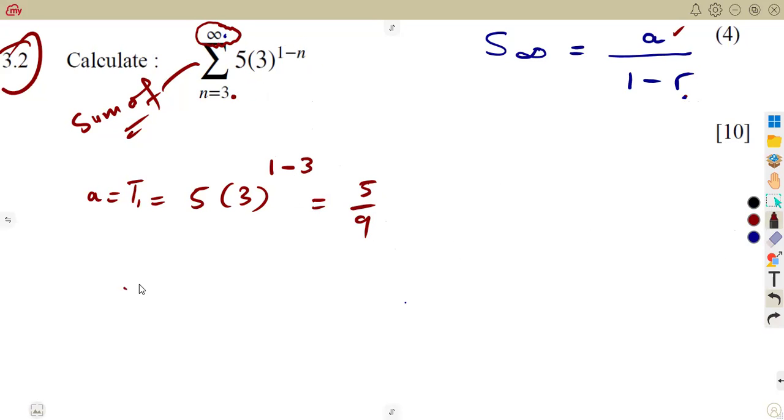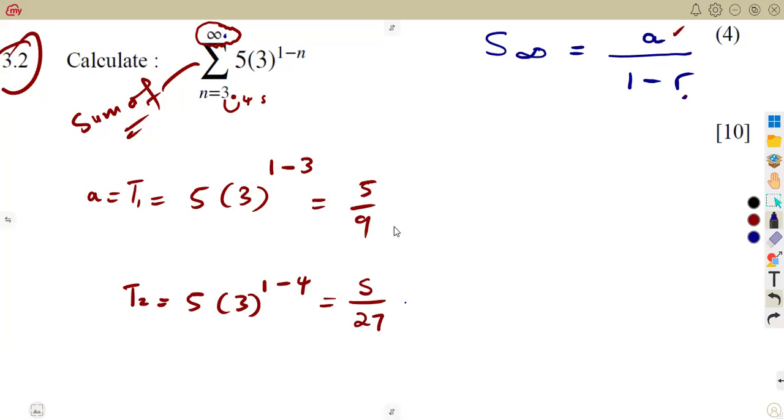T2 is the second term. Remember, you move from 3 to 4, to 5, to 6, to 7, and so on. So we use 4 this time, following 3. That's 3 to the exponent of 1 minus 4, which gives us 5 over 27.